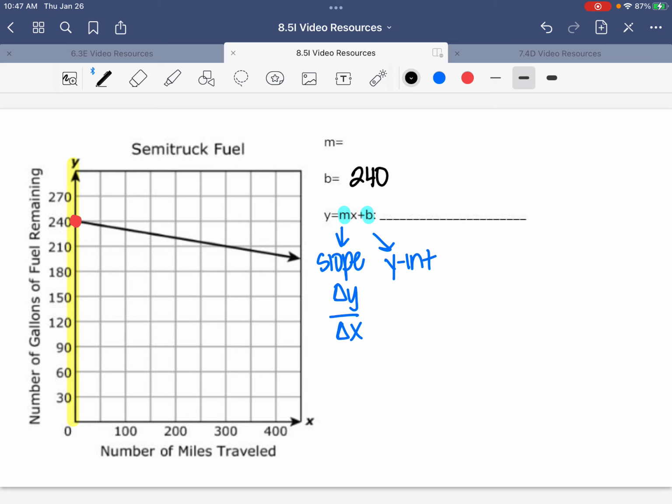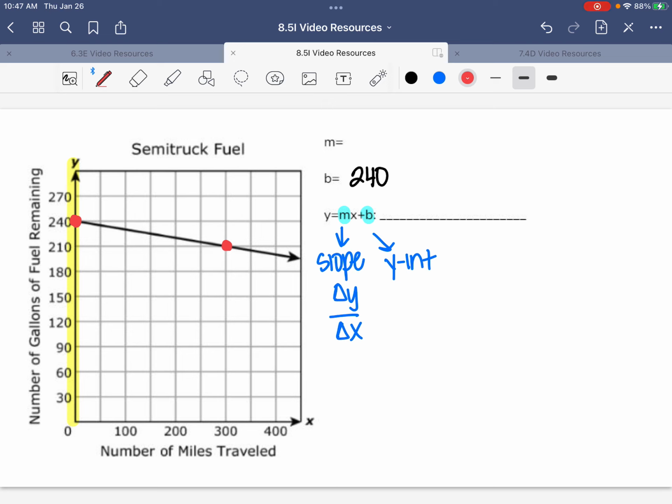Well, now I just need to find my slope. So I've already identified one point, which is the y-intercept. So I just need to find one other point to find my slope between it. So I find a clean point right here at (300, 210). So I want to find the change in y to the change in x.